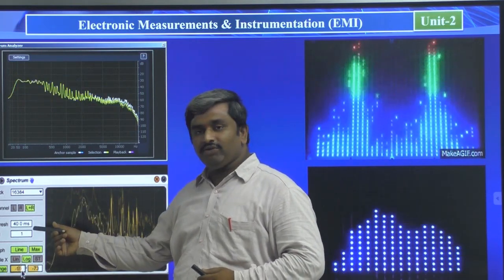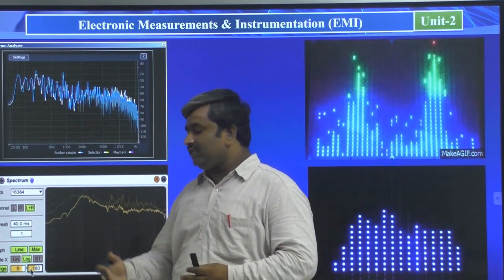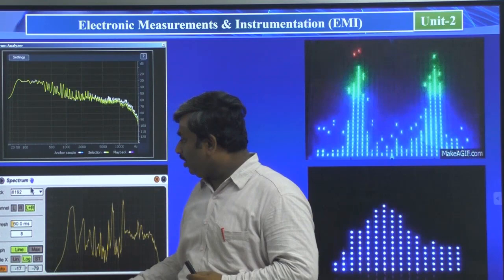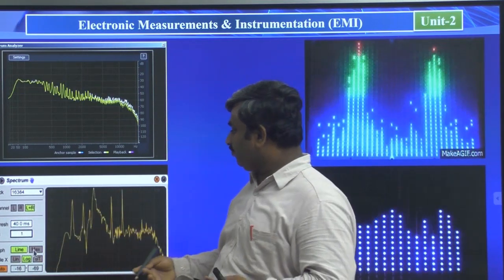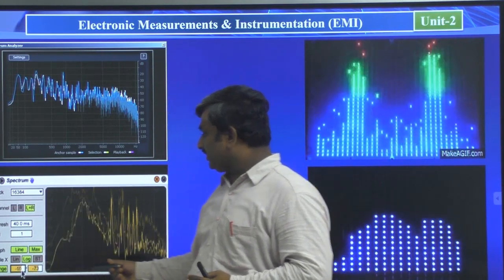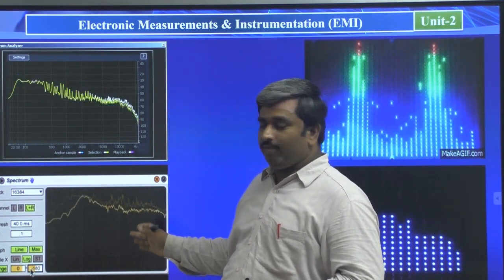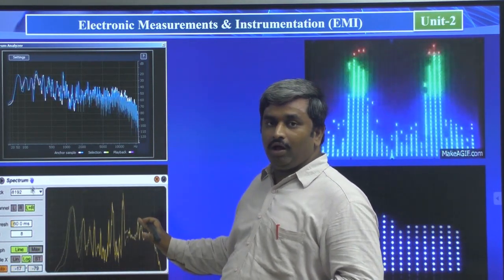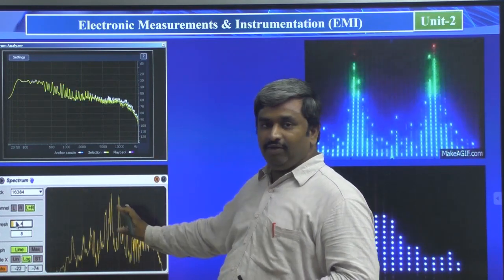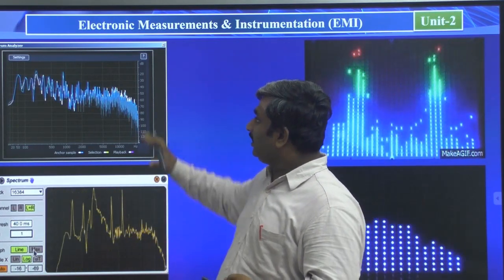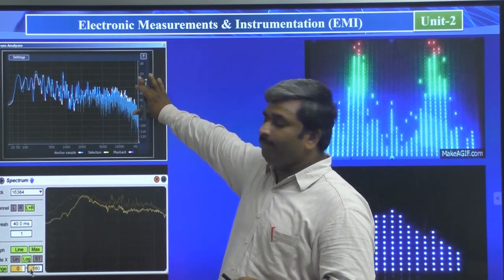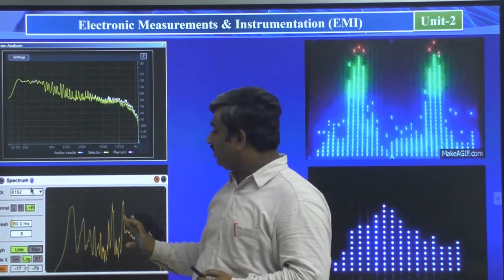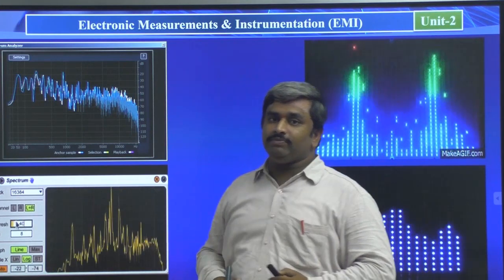You have the option to adjust the refreshing time also, and you can see the graph with maximum information. The scale information, the range information, all of it you can vary with this spectrum analyzer. This is one type of view in the spectrum analyzer, and this is another view of the spectrum analyzer.